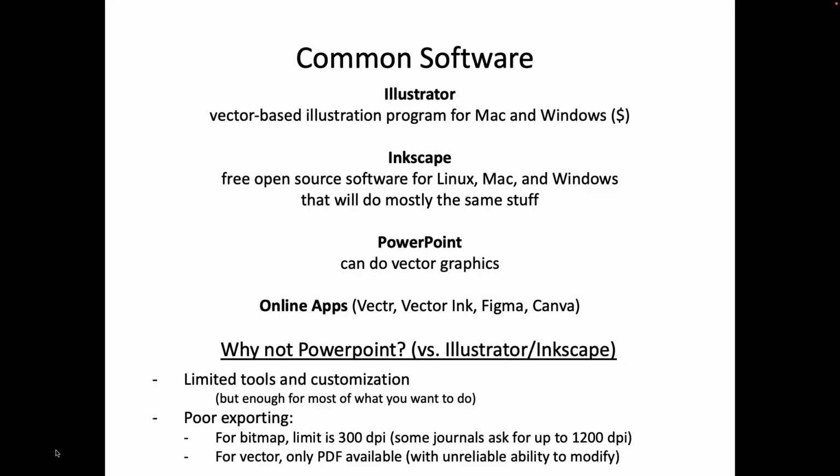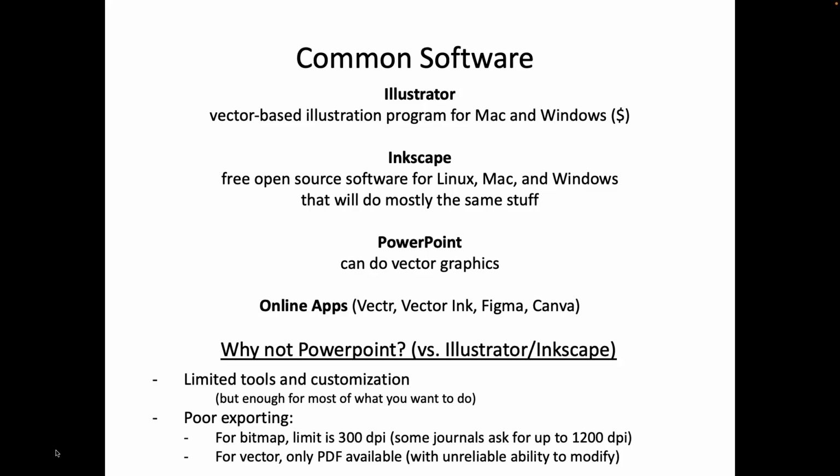And then if you are exporting something as a vector, so that circle that I created, if I still want it to be calculated as an equation rendered live outside of PowerPoint, you can only export as PDF. And as I'm going to show you in the next slide, there are various types of files that are vector based. There are some limitations to just being able to export as PDF. And also when you export, it's not very reliable.